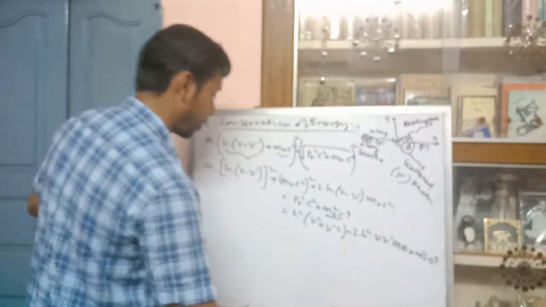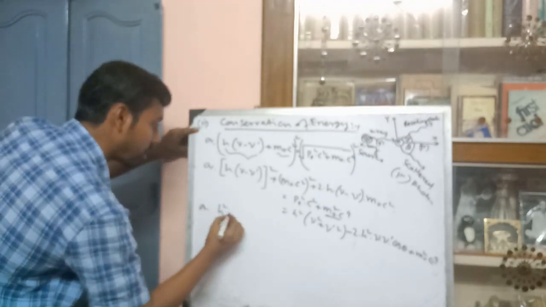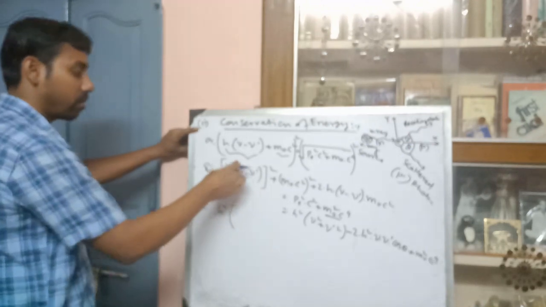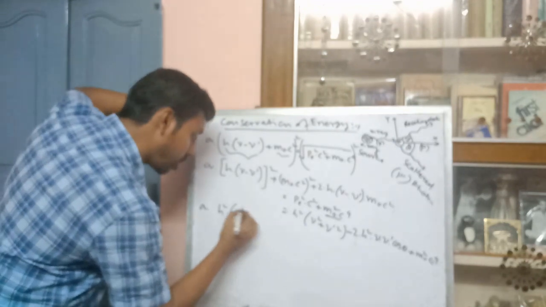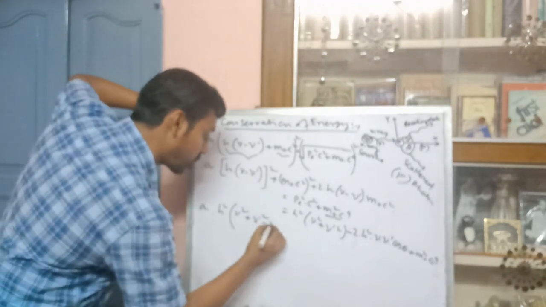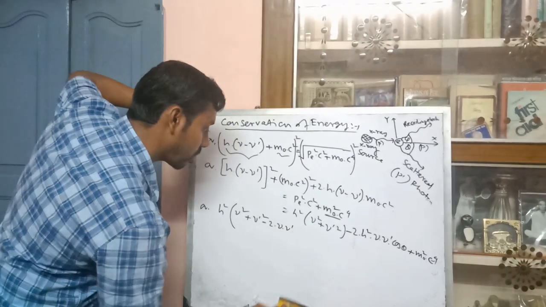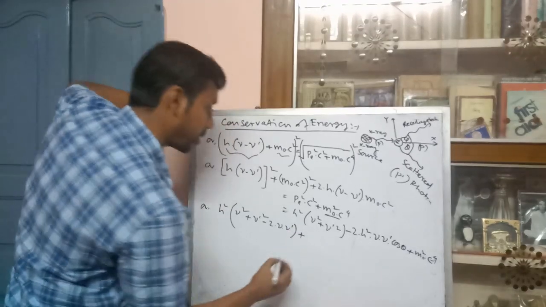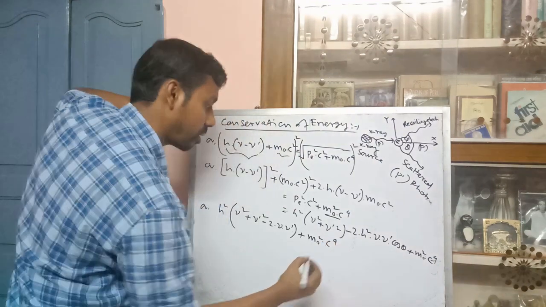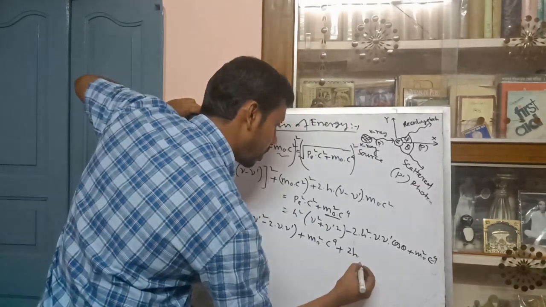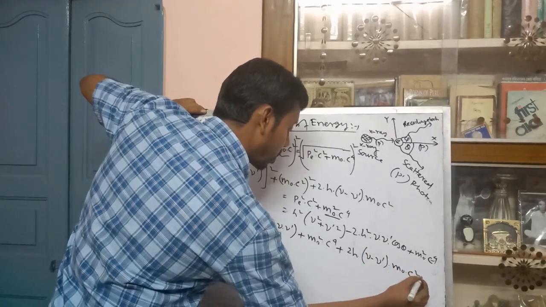Or on the left-hand side, this is h square into (a minus b) whole square, that means h square into nu square plus nu dash square minus 2 into nu into nu dash, plus m0 square into c to the power 4 plus 2h into nu minus nu dash into m0 into c square.